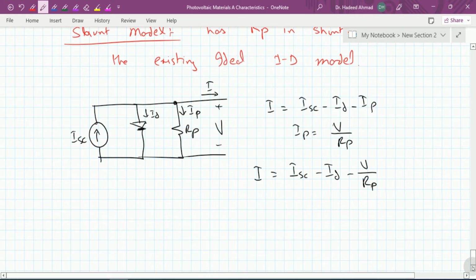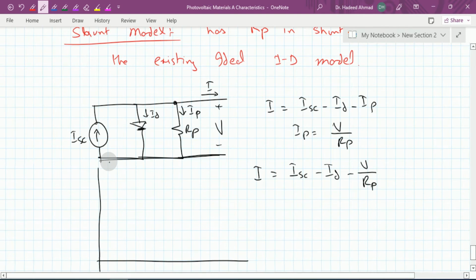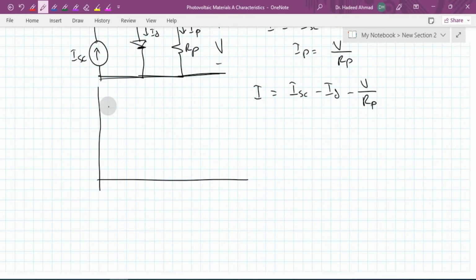So let us first of all see what is the impact of adding this resistance on the characteristic curve of a PV cell. So if there is no loss, which means Rp is equal to infinity and Rs is equal to 0, no current flows through this shunt branch and there are no losses in the system.